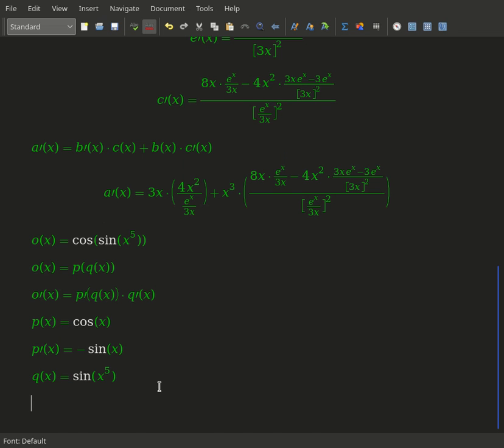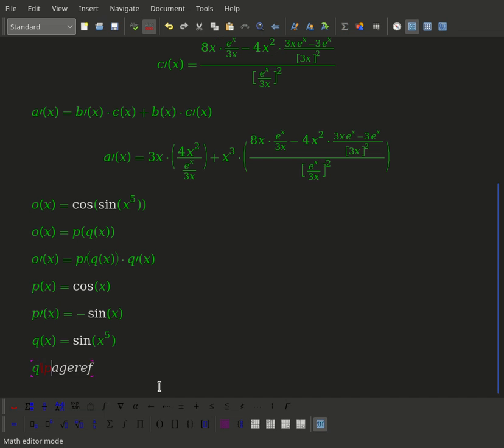So Q prime of X is equal to the, pause here. Sorry, I was getting ahead of myself there.